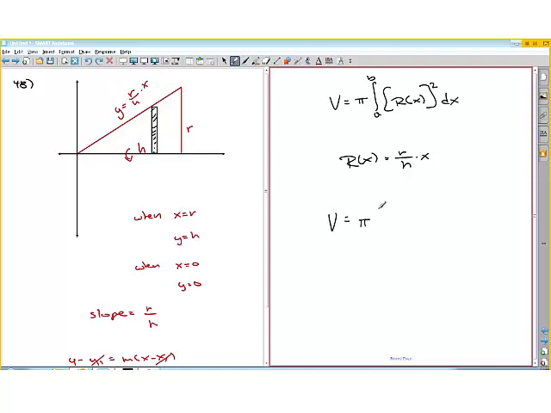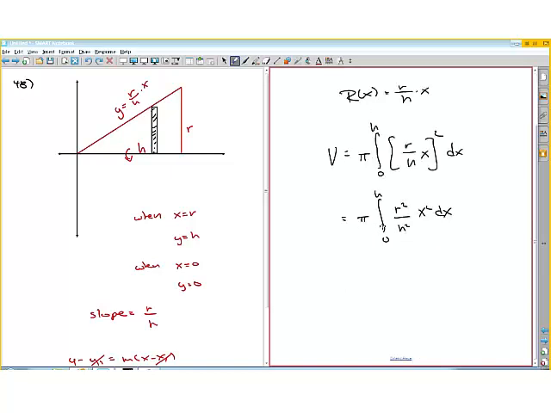So we plug that in, and you get volume is equal to the integral from 0, so it's here, to h of r over h times x, this thing squared, dx. So that becomes pi, the integral from 0 to h of r squared over h squared times x squared dx.